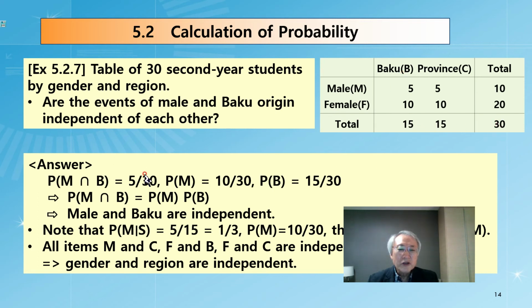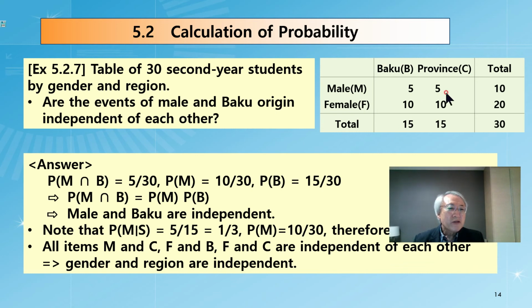If you have these numbers, you can immediately check that 5 over 30 is just a multiplication of these numbers, right? In this case, we call male and Baku independent. And in this example, if you calculate every probability, for the intersection event, male and province, you can see that to calculate this, you calculate the probability of province, calculate the probability of male, multiply, and you will get that number.